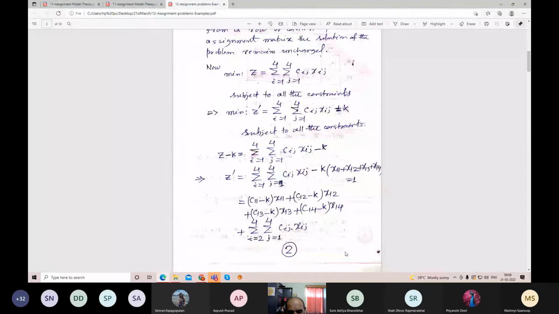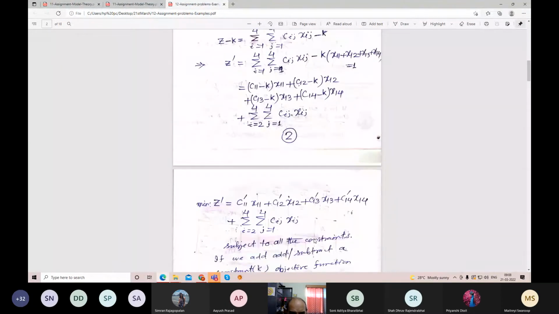The solution remains the same. So the solution of the original problem is the same if you subtract a constant from every row and every column, but the cost is reduced by k units. Okay, that is the answer.